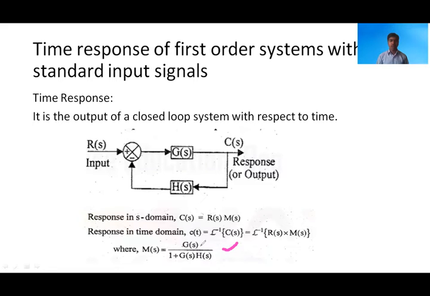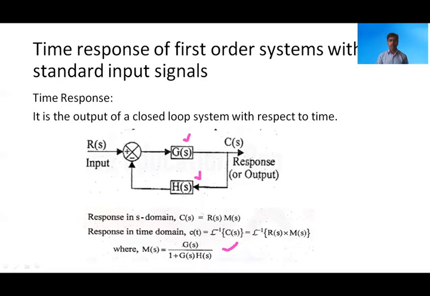That is, forward gain by 1 plus forward gain into feedback gain. Here G of s is the forward gain and H of s is the feedback gain. Therefore, the overall gain is M of s equals G of s by 1 plus G of s into H of s.